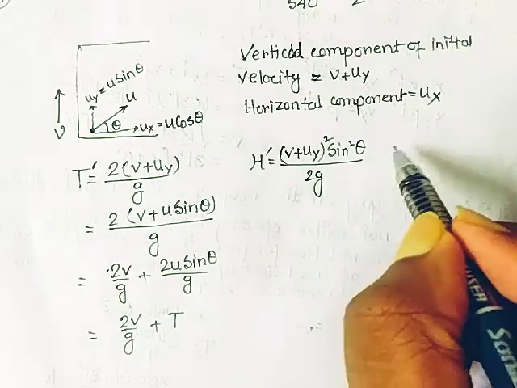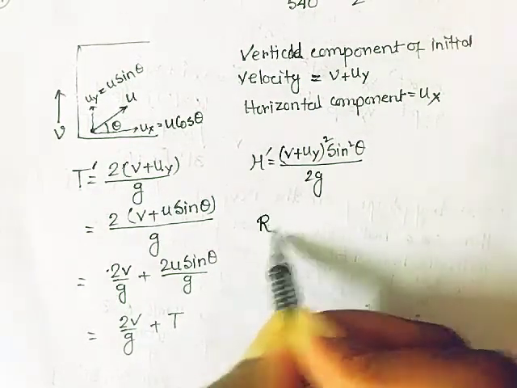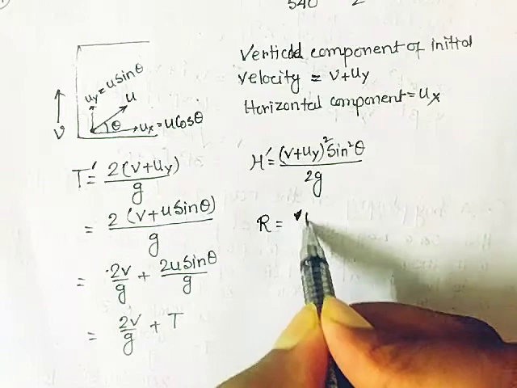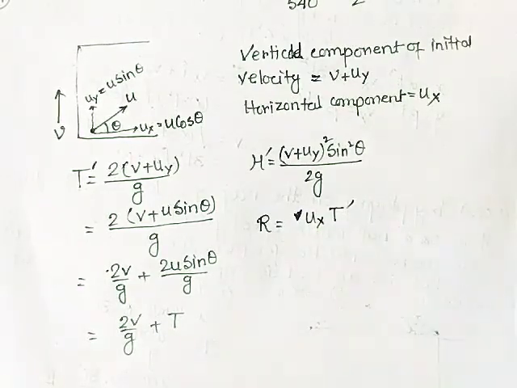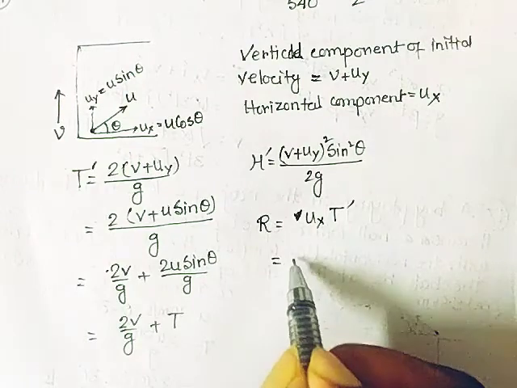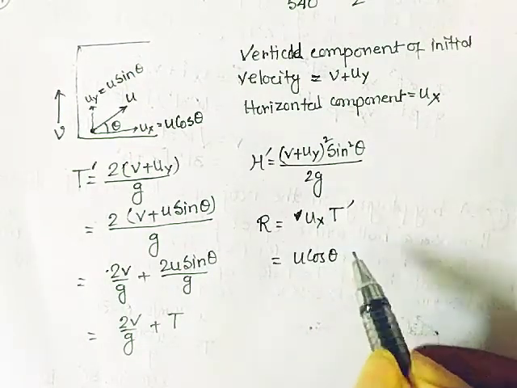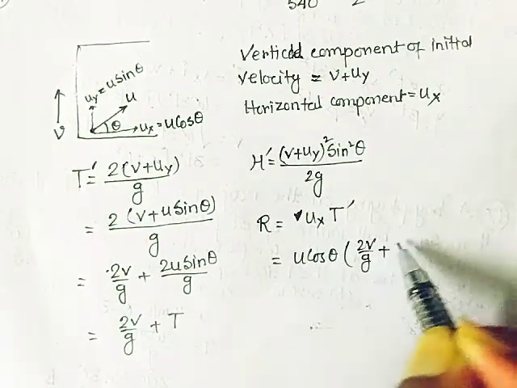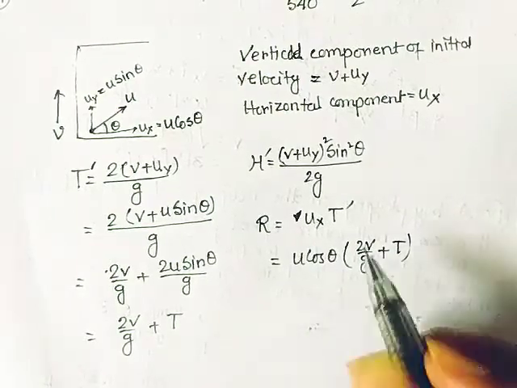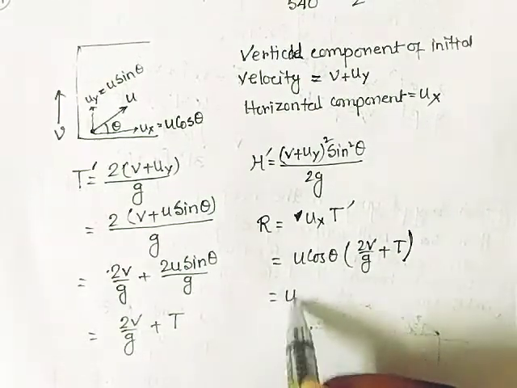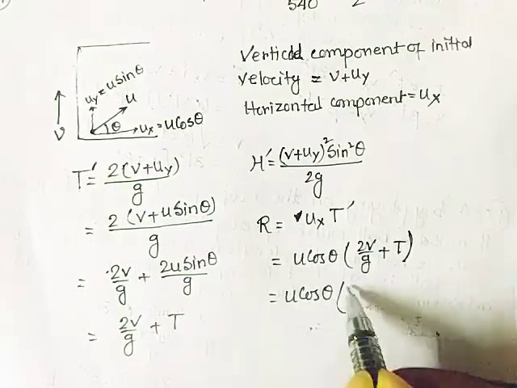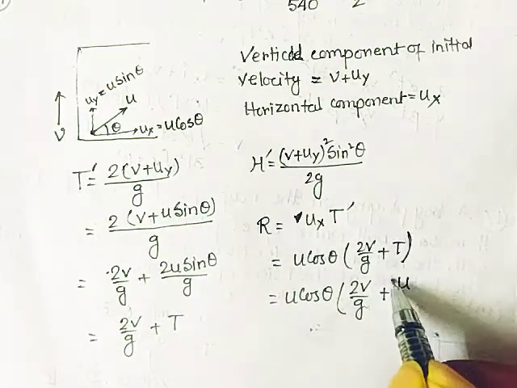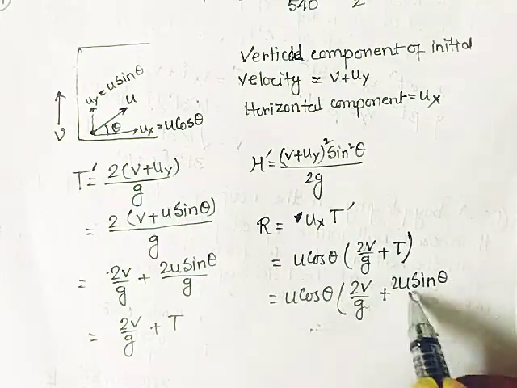And the range obviously depends on ux into T prime, where ux is u cos theta and T prime is 2v divided by g plus T. So this becomes u cos theta times (2v divided by g plus 2u sin theta divided by g).